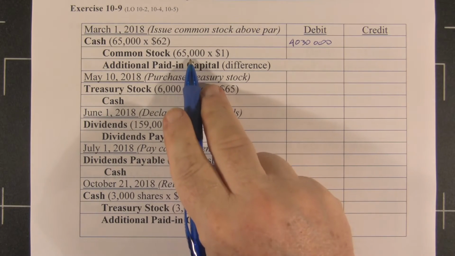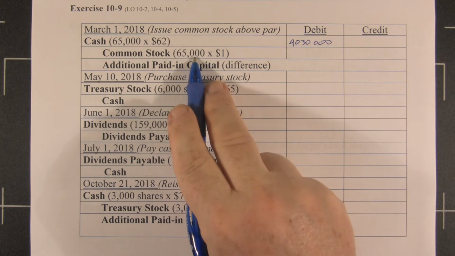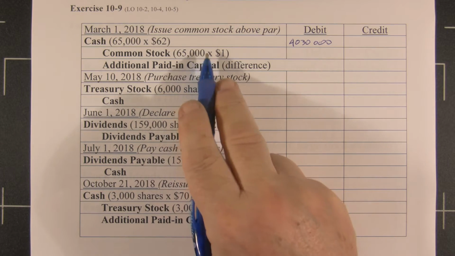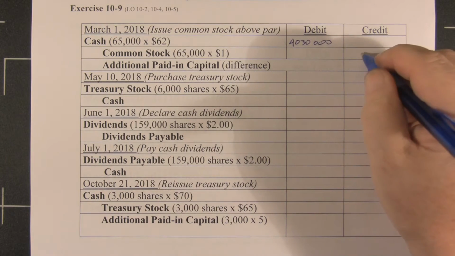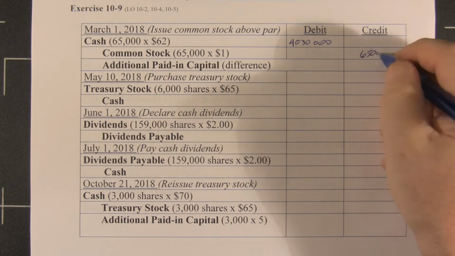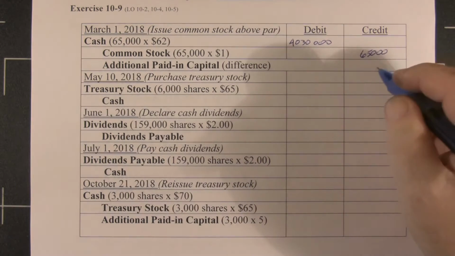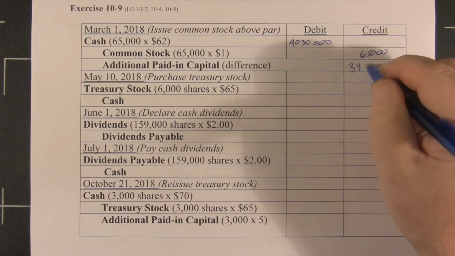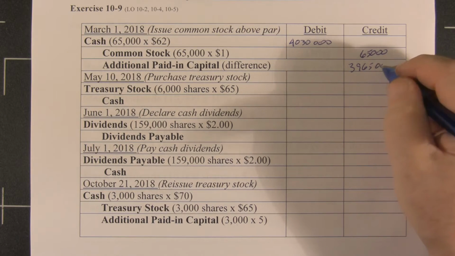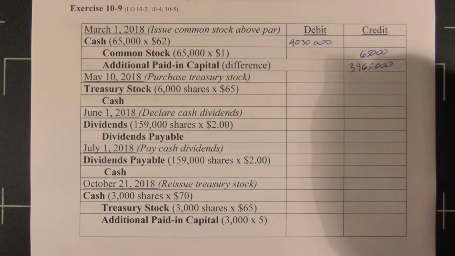Common stock, $1 par, 65,000 shares issued at $1 par. That's a credit to the common stock account of $65,000, and the balance, the $3,965,000, is additional paid-in capital.